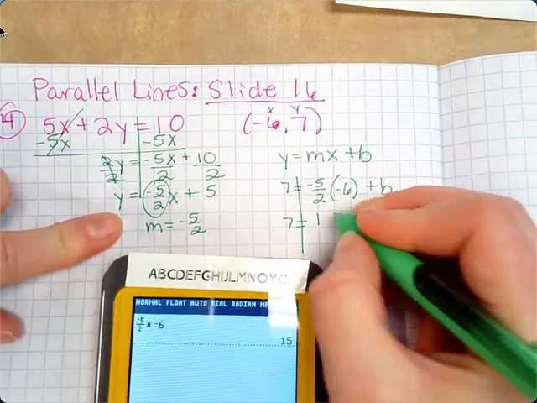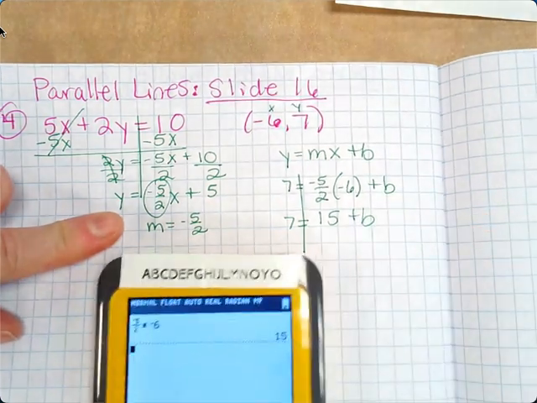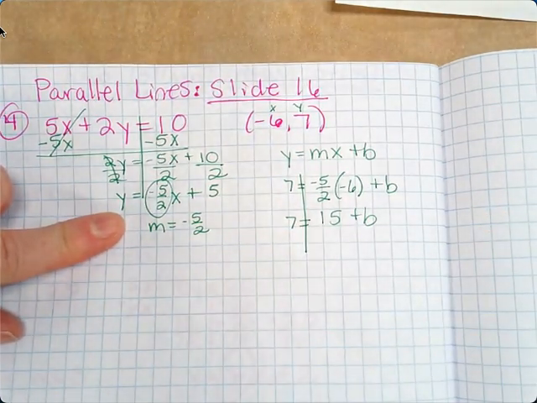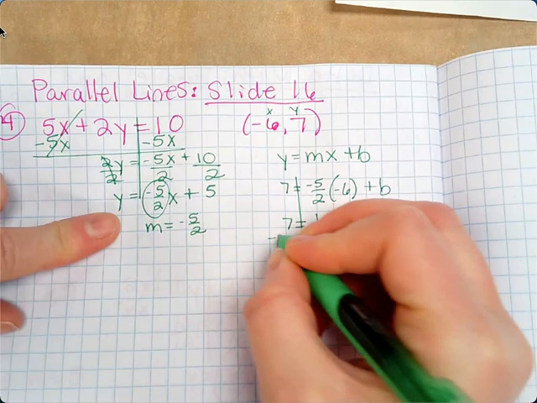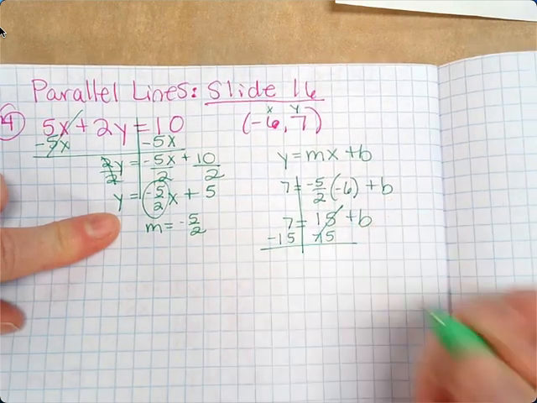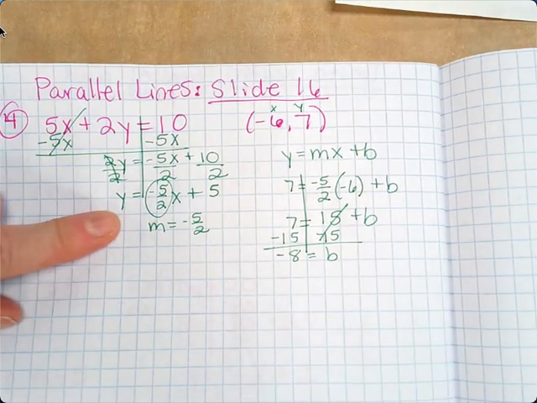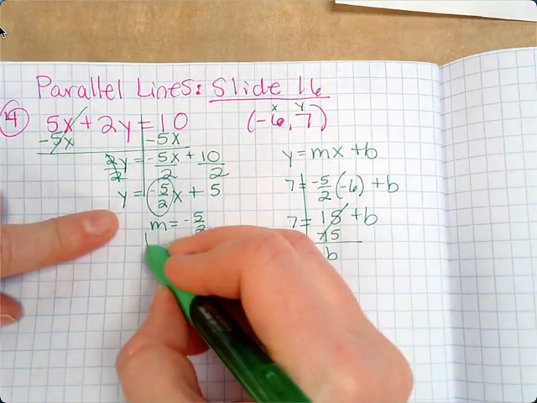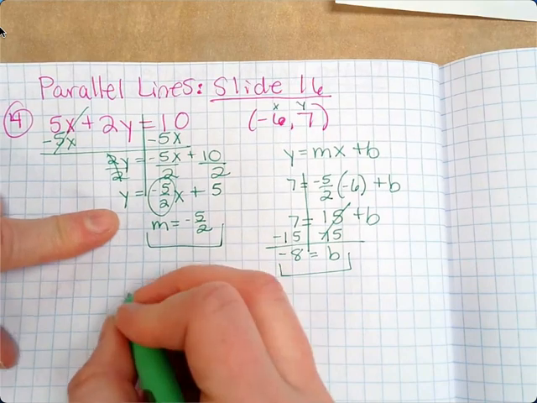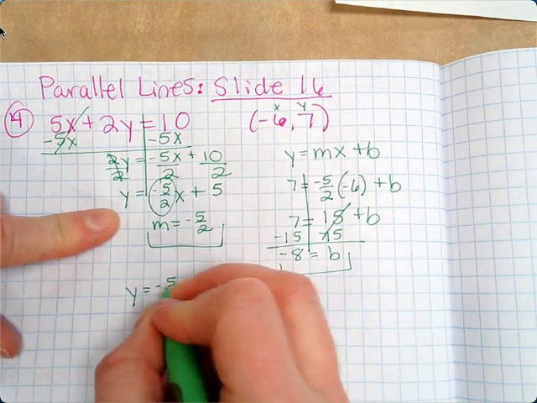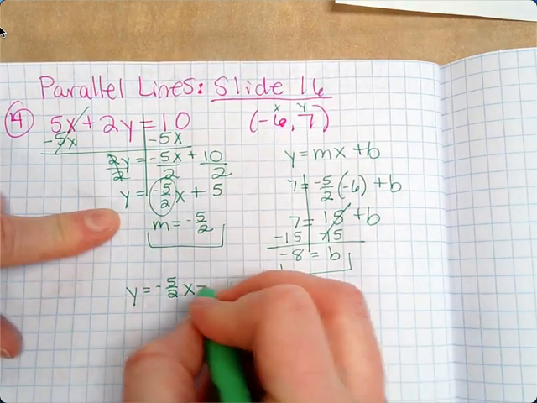So 15 plus b. And subtract 15 on both sides. -8 equals b. So now that I know my m and my b, I can write my equation. y equals -5 over 2x minus 8.